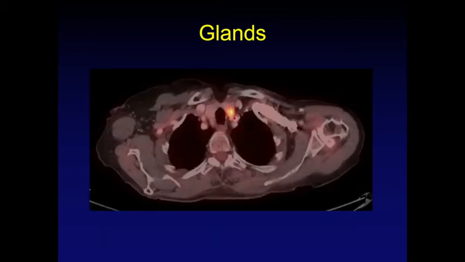It's when you see a focal area of uptake within the thyroid gland that you should become concerned. Some 25% of lesions with focal FDG uptake in the thyroid gland end up being thyroid malignancies. So when we see focal uptake within the thyroid gland, that's when we suggest a biopsy.